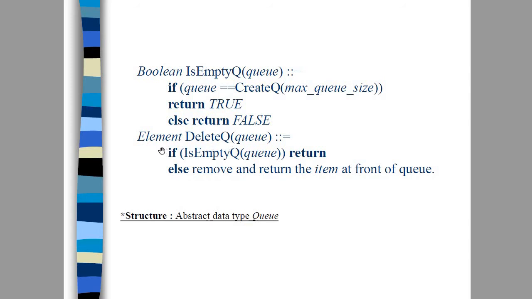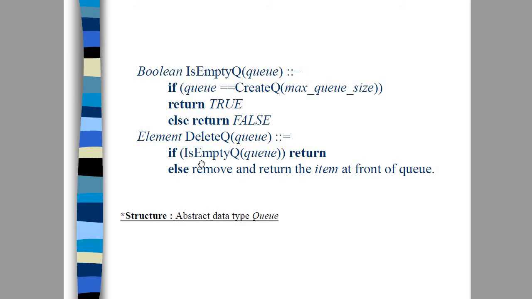Here the delete queue function, after removing the element, returns the item removed from the queue. For that we call the isEmpty function, which checks whether the queue is empty or not and returns either true or false. If the queue is empty, then we cannot remove any element.